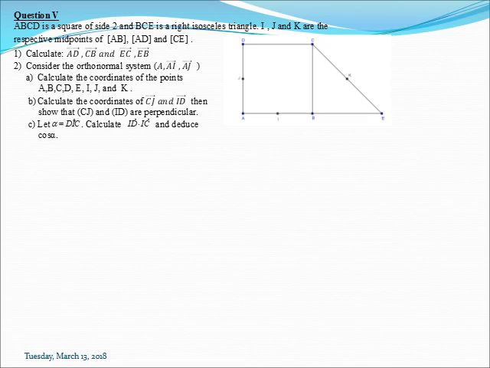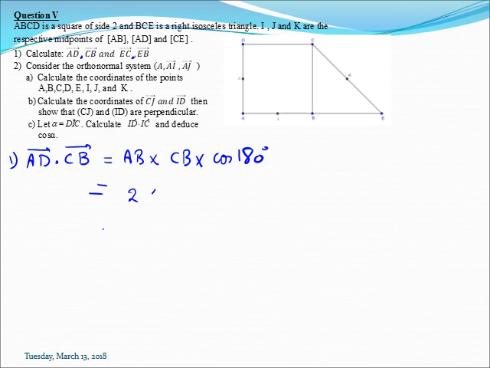Question 5. ABCD is a square of side 2 and ABE is a right isosceles triangle. I, J, and K are the respective midpoints of AB, AD, and CE. First, calculate AD dot CB and EC dot EB. AD dot CB equals AD times CB times the cosine of the angle between AD and CB, which is 180 degrees, so cosine 180 gives 2 times 2.